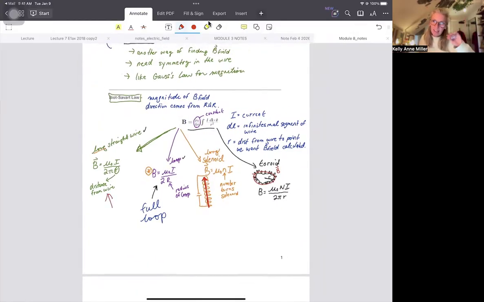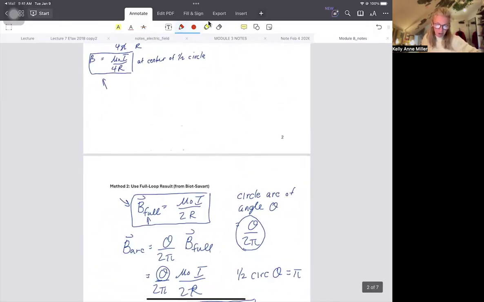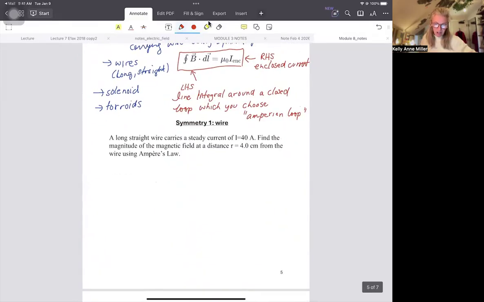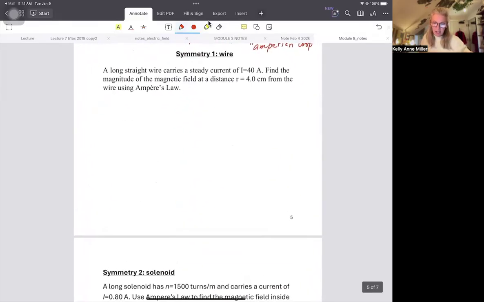This formula is tried and true for a long straight wire. You can get there through the Biot-Savart integral or through Ampere's law, which is what we're doing now. So we're going to arrive at the same result as we did in the first video. This is just a different way of looking at it.